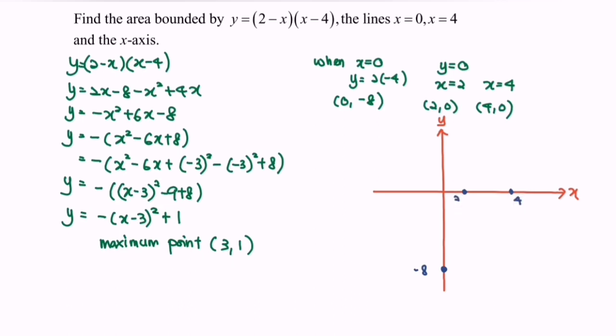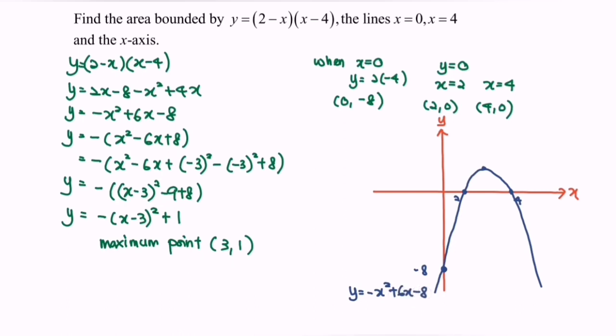Where we have the maximum point, which is 3, 1. So kindly sketch the graph, where we have the situation y equals negative x squared plus 6x minus 8.